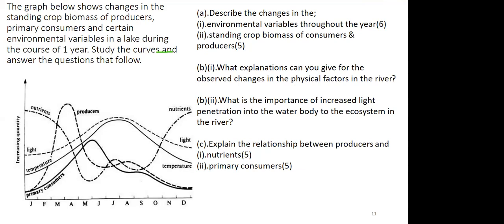If it makes sense, you have to repeat it so that I see whether it really makes sense. From September to December, the quantity of the producers is reducing because they are dying and there's decomposition happening, and so the nutrients are being released from that decomposition. So that's why the nutrients are increasing. I don't know if it makes sense.